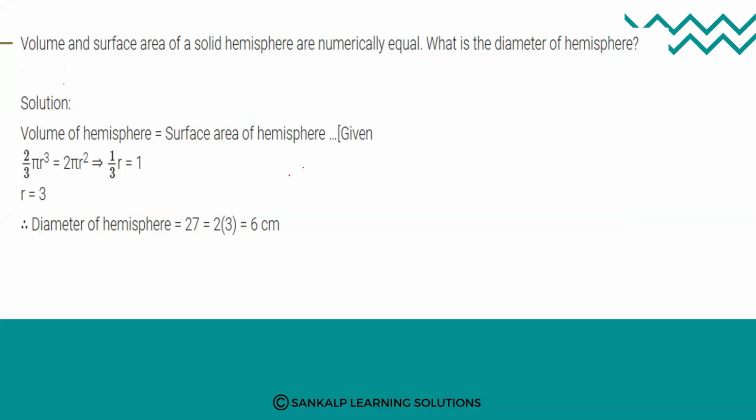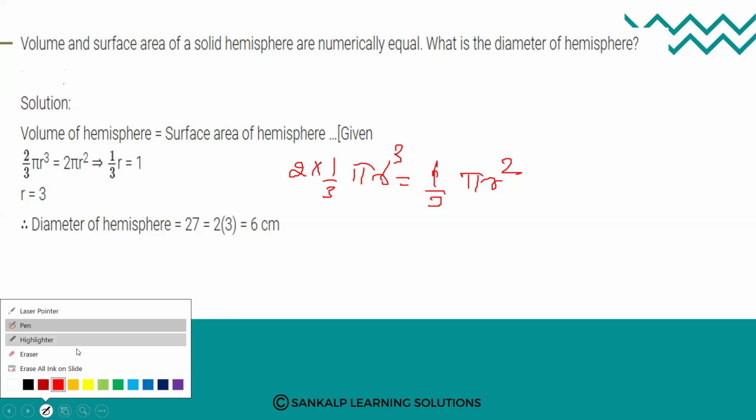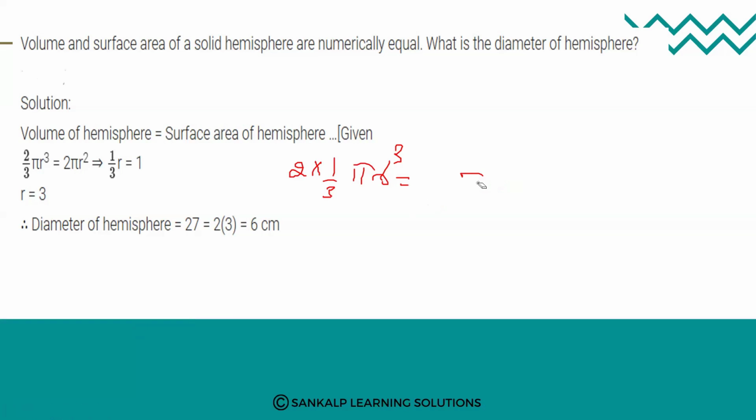So here it is 2 by 3 pi r cube is equal to 2 pi r square. Now, 2 and 2 will get cancelled.